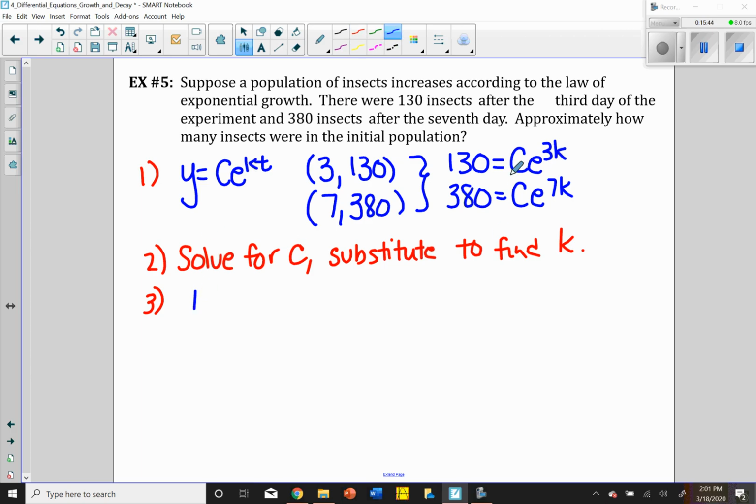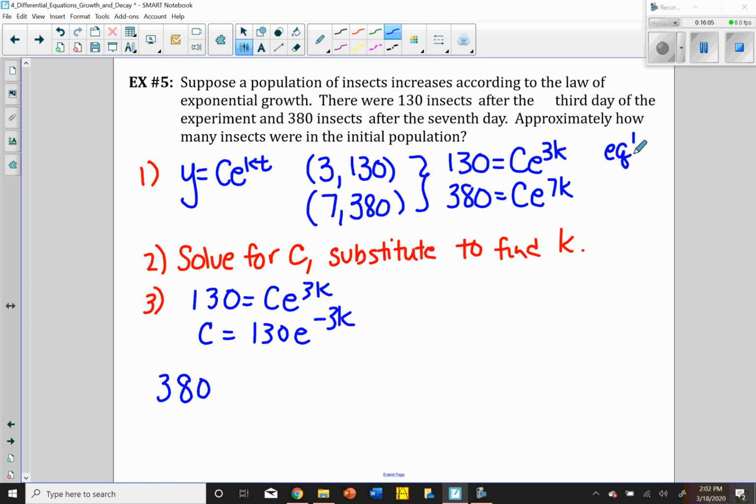So if they're both equal to C, 130 is C e to the 3k, so C is 130 e to the negative 3k. And 380, using the second equation, we'll call this equation 1, and this one equation 2.